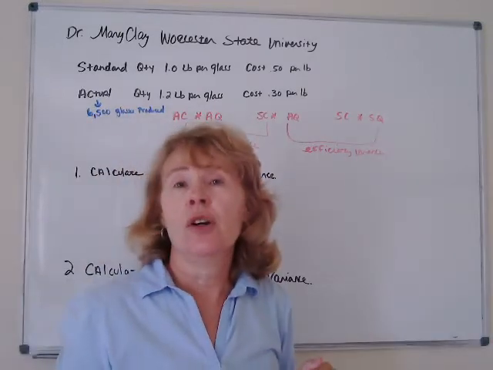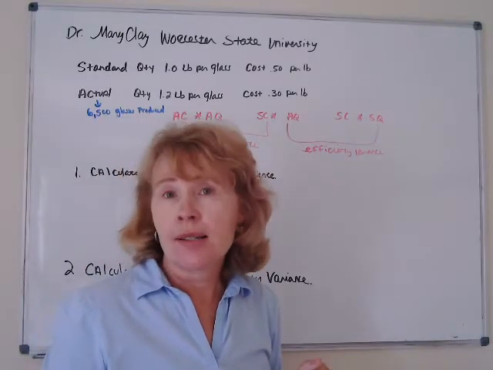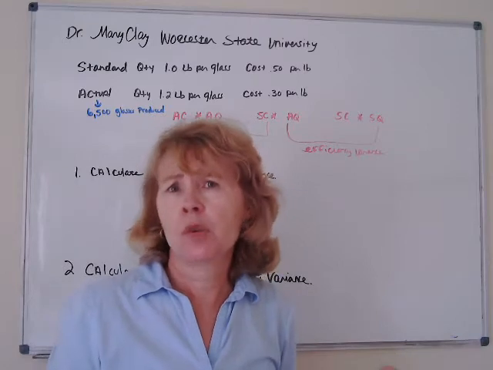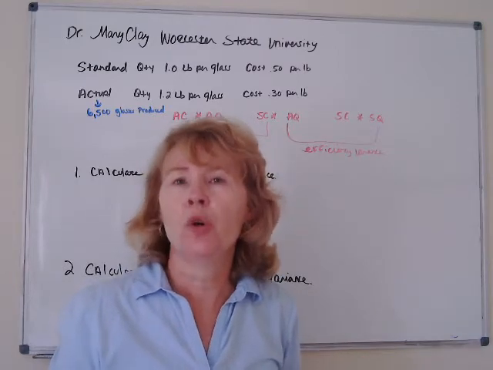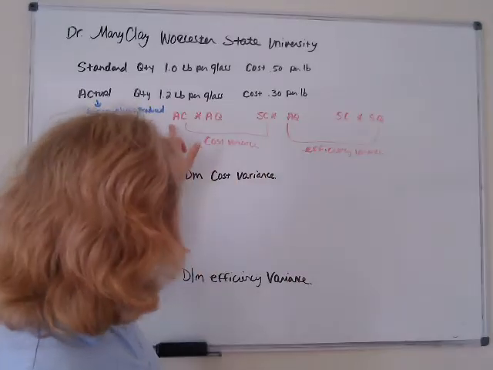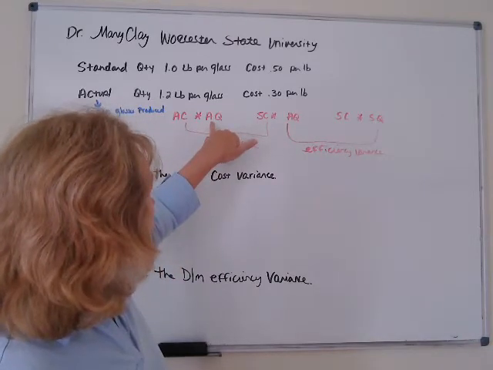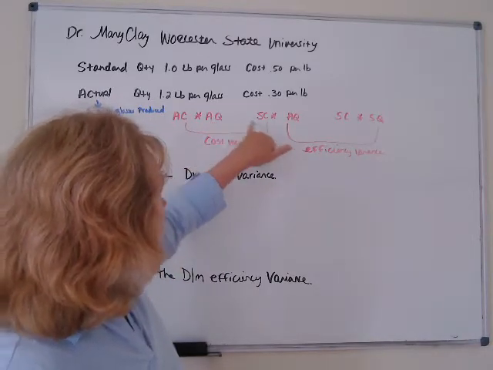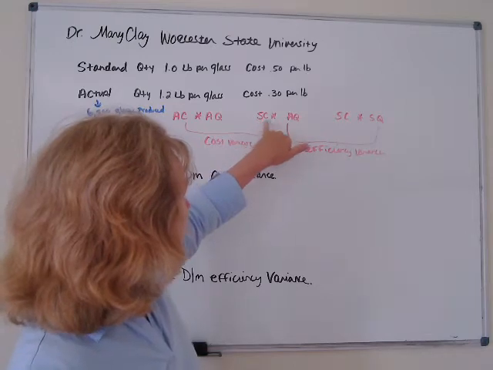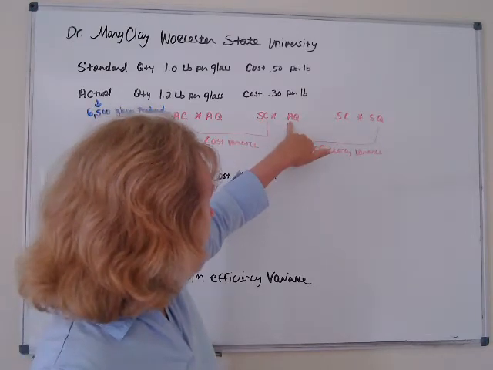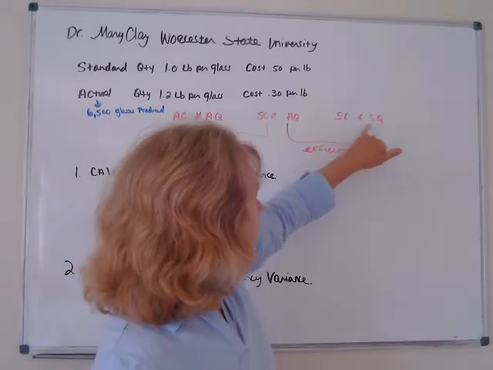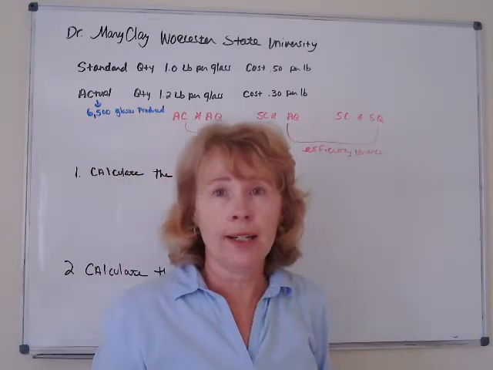AC stands for actual cost. Other textbooks might say actual price, but your textbook calls it actual cost. AQ stands for actual quantity. This is standard cost, again, actual quantity. This is standard cost, and then finally standard quantity.